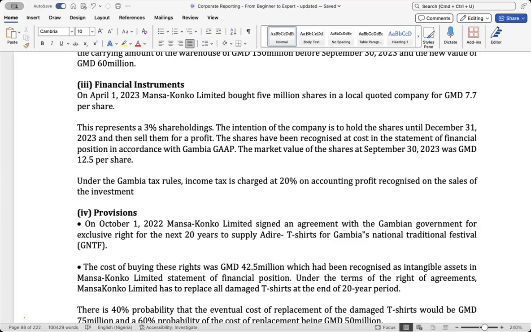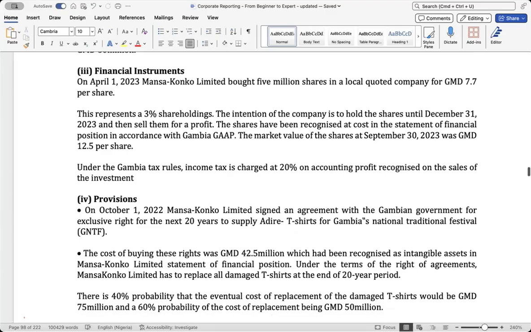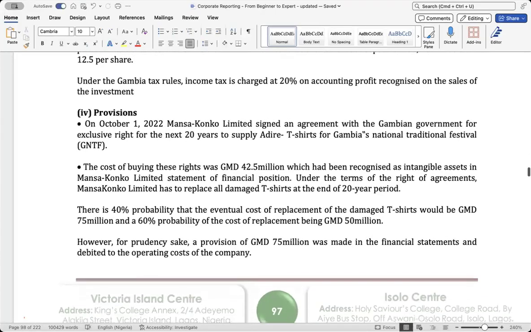The market value of the shares at September 30, 2023 was 12.5 GMD per share. Under the Gambia tax rules, income tax is charged at 20% on accounting profits recognized on the sale of the investments. 4. Provisions.